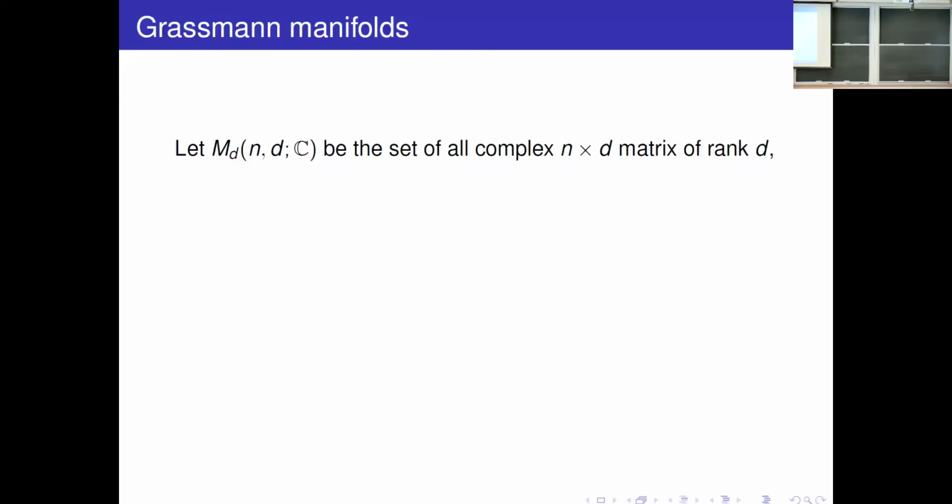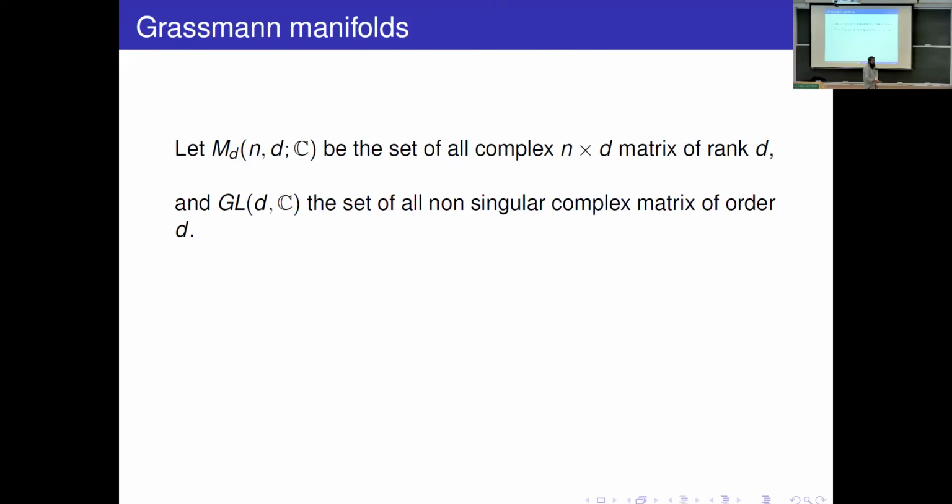So what is this? n by d matrices of rank d. This collection of matrices we know from a long time, and then we will ask why only rank d matrices? Why not non-singular matrices of order d by d?